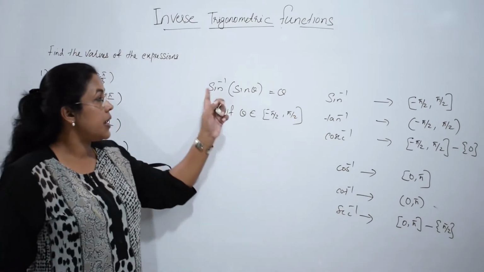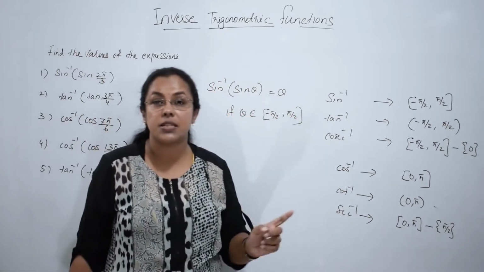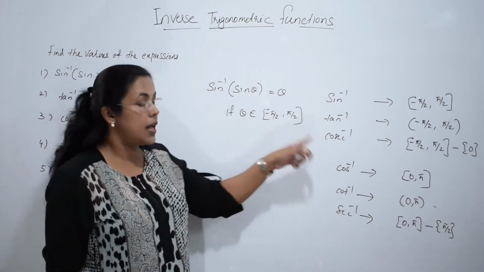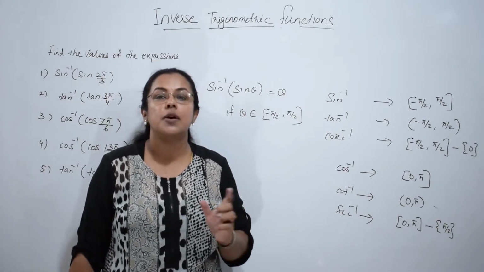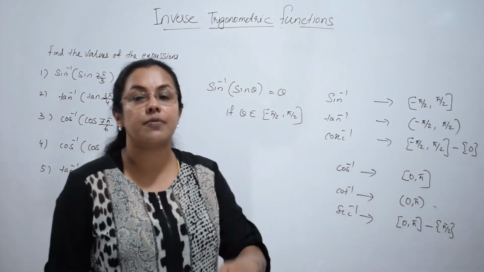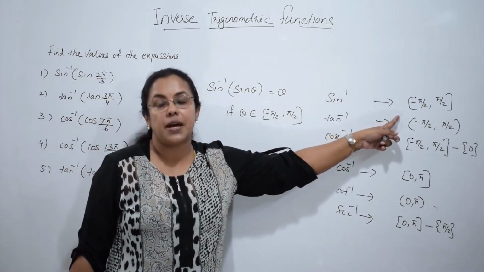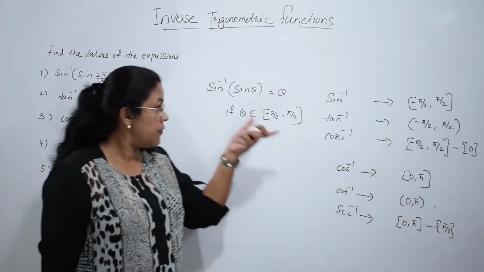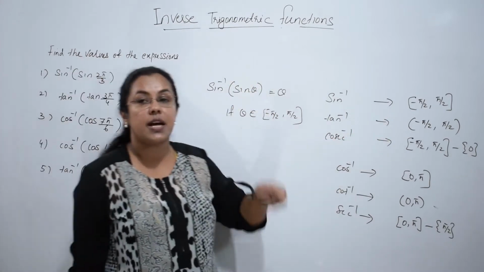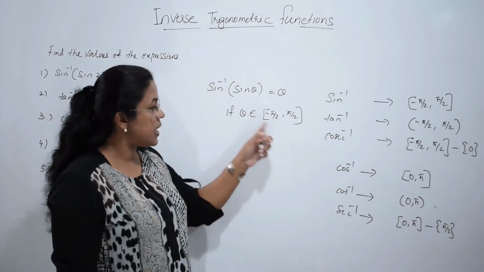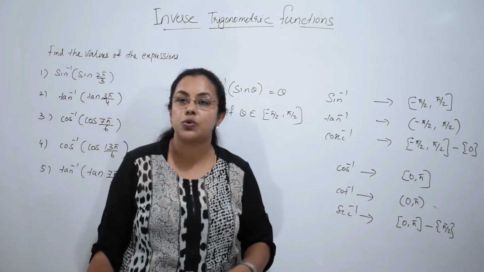We can write sine inverse sine theta as theta if and only if theta is an element of minus pi by 2 to pi by 2. Otherwise, you have to convert theta into this principal branch.